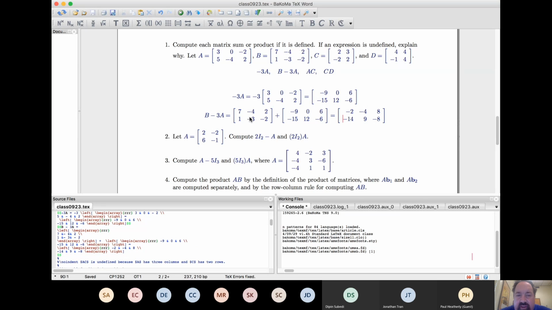So really what I'm doing is I'm just adding these matrices together, and we see that we're just adding corresponding entries. So 7 plus -9 is -2. -4 plus 0 is -4. And we do that for all of the entries. -2 and a -6 gives us a -8. So it's just component-wise or entry-wise arithmetic in these first two cases anyway.